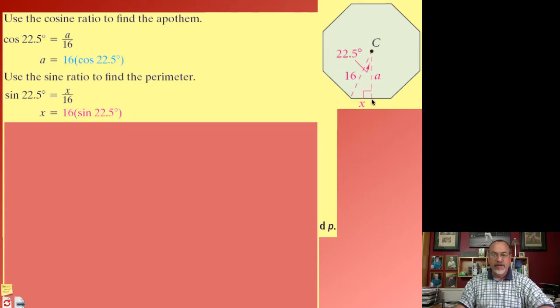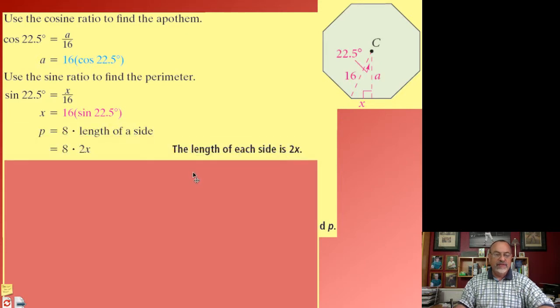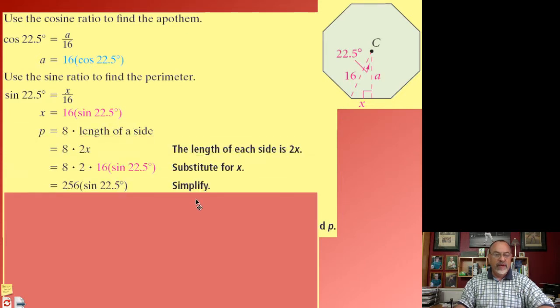So from here to here is 16 sine 22.5. That's half of one side. So if I double that, that will give me one side, and then if I multiply that by 8, that will give me all of these sides. Or I can determine, well, if this is a half, in 8 sides there's going to be 16 halves, so that's going to give me a total of 256 times the sine of 22.5.